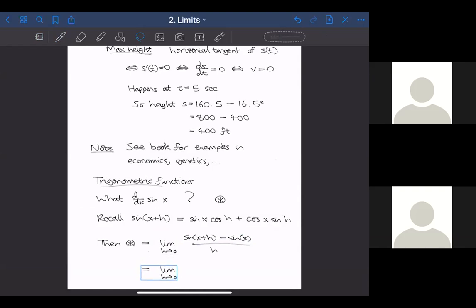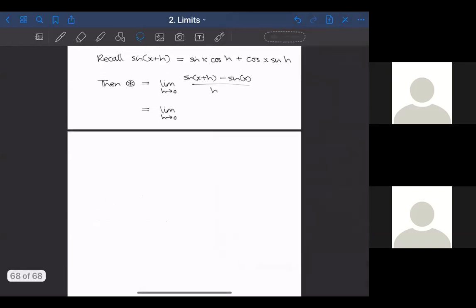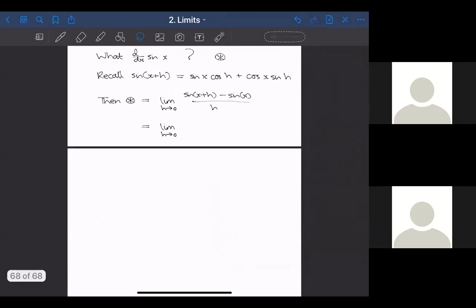Let me copy in a few more limits first, just to make this easier to write.